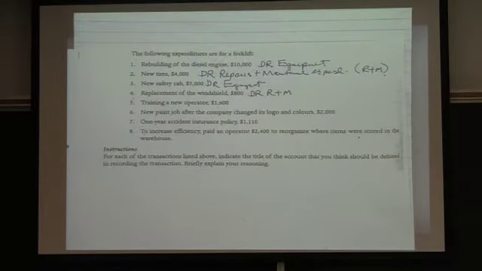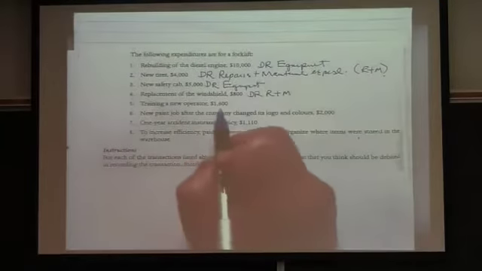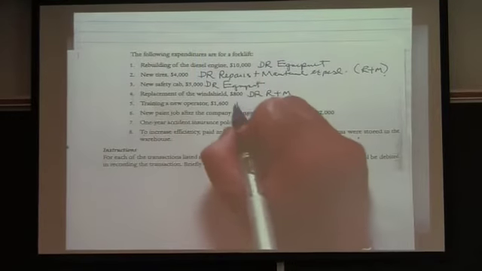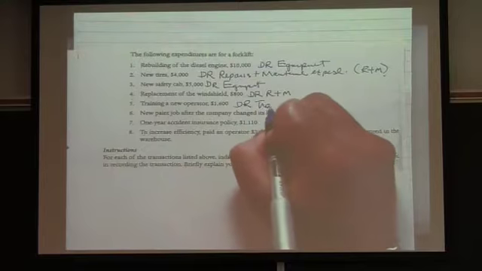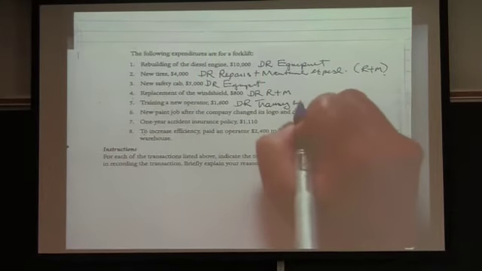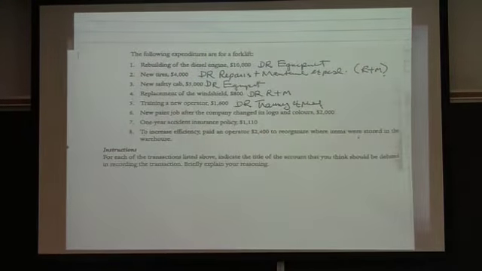Training a new operator for $1,600. When a company has staff turnover, you have to train your employee for safety reasons or functionalities of the forklift. To me, this training of the new operator should be an expense, so call it training expense, because it doesn't really add to the productivity of the equipment.